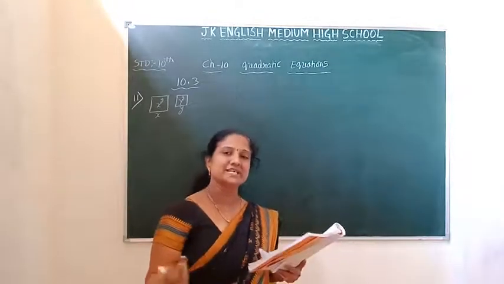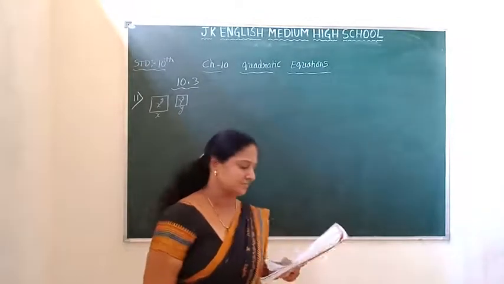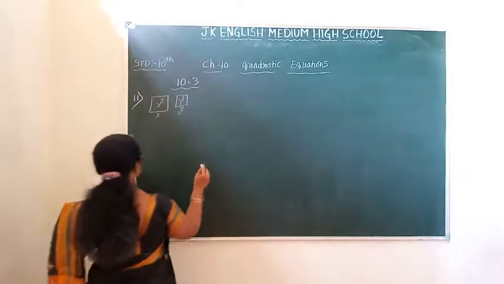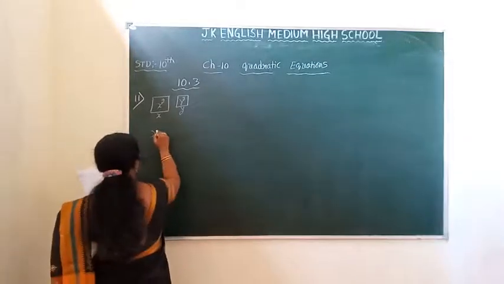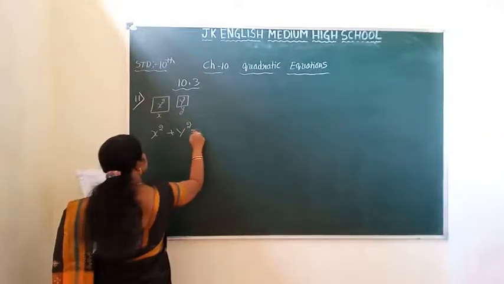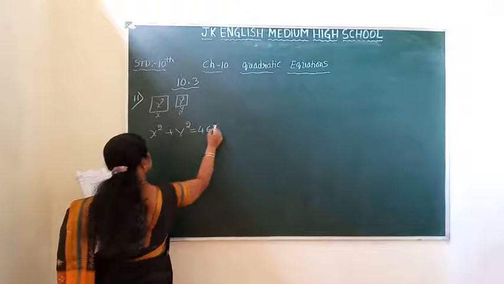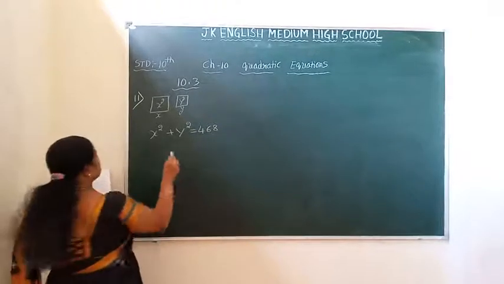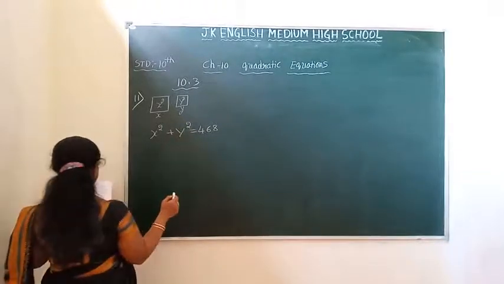So the sum of the areas of the two squares becomes x square plus y square, which is equal to 468 meter square. It is in meters, so meter square it becomes.